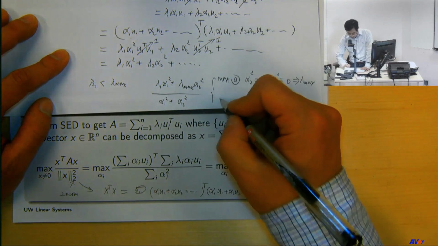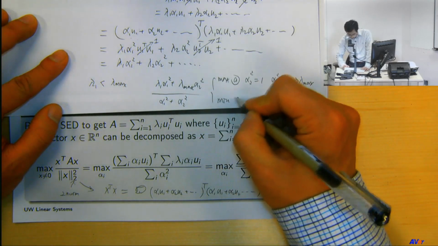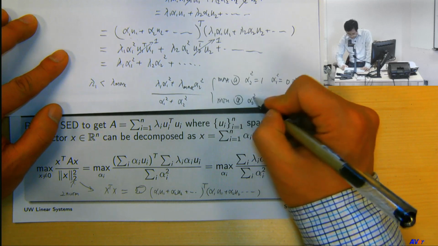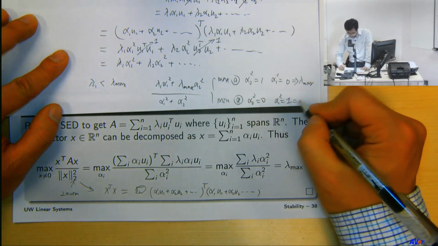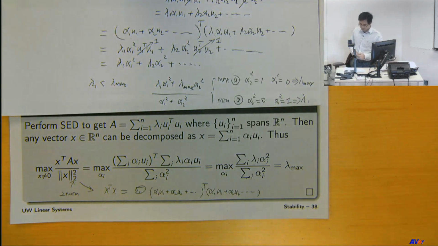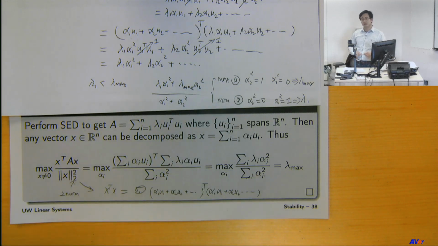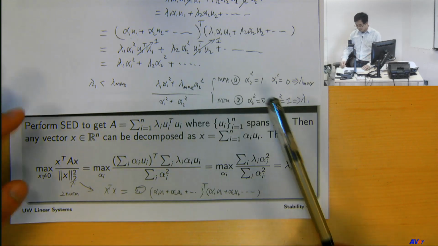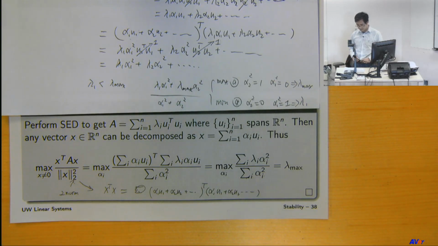And it achieves the minimum, which is the smaller one here, when alpha 2 squared is 0 and alpha 1 squared is 1. So this weighted sum is going to be determined by what the weights look like. Any questions?